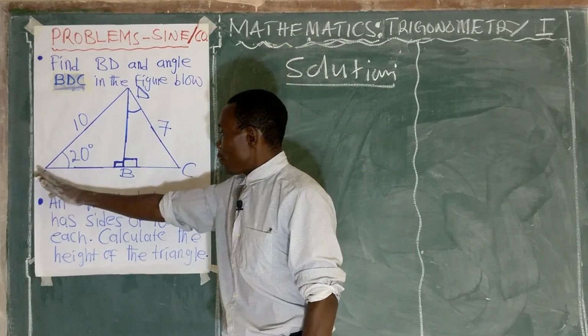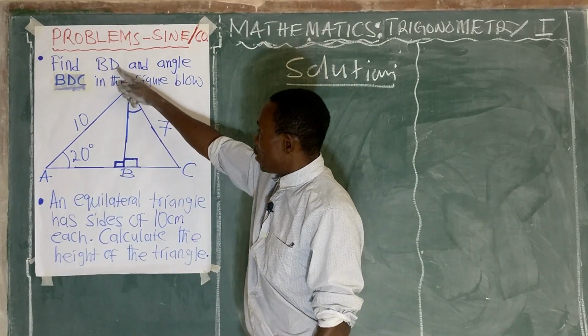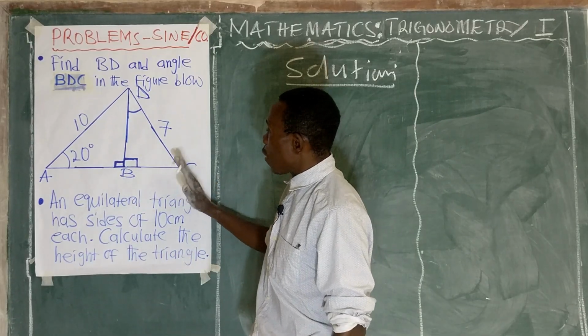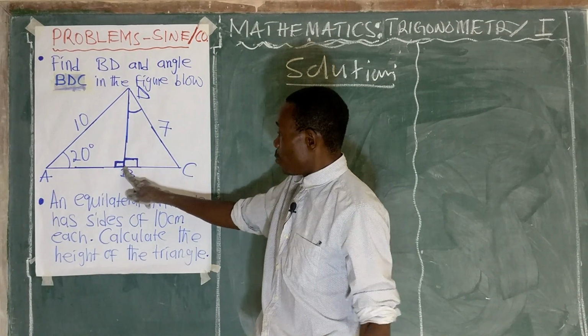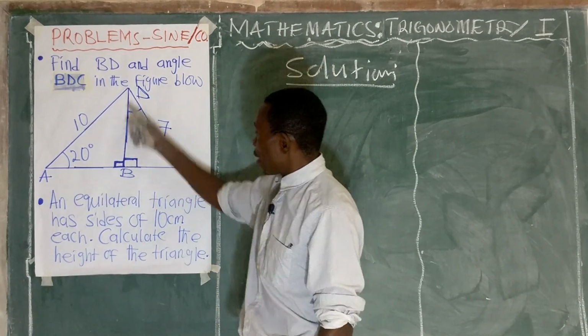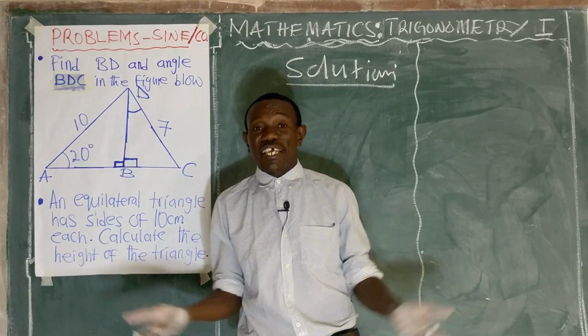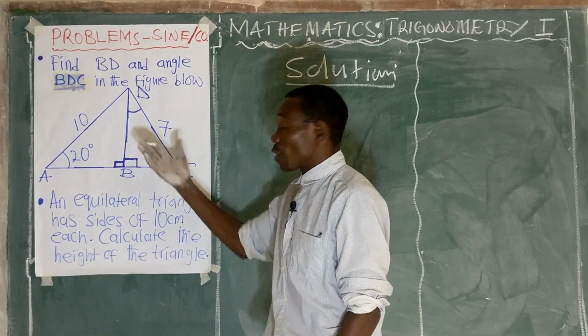Like here, we may not even concentrate on the whole diagram, since in actual sense I need to find the value of BD. I'll just depict part of that shape. So in this case, I'll focus on triangle ADB, because I've seen that what I have here is a right-angled triangle. It has every story of what I've already learned in trigonometry, so I should not hesitate. I'll try that one first.